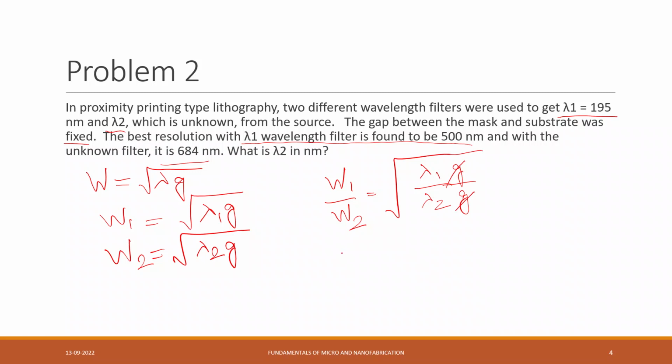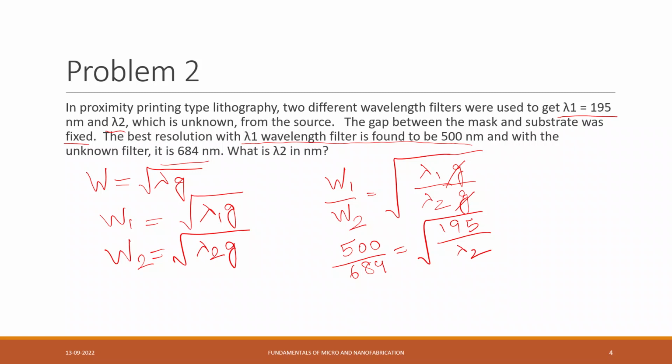So the resolution of the first one is 500, and the second one is 684. The lambda 1 is 195, and this is 500.